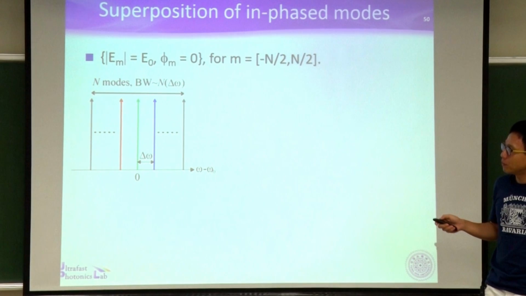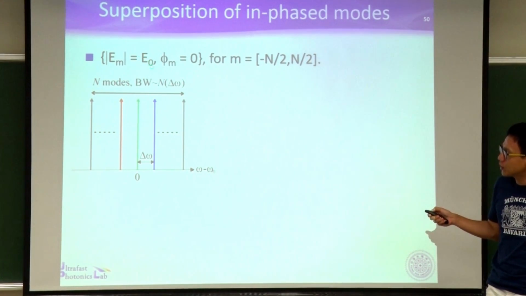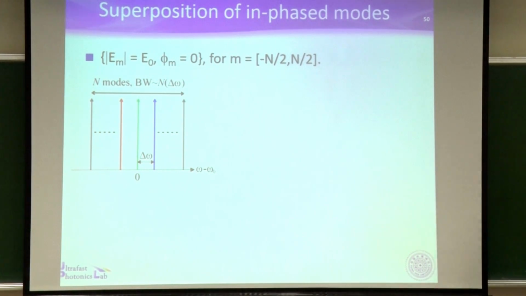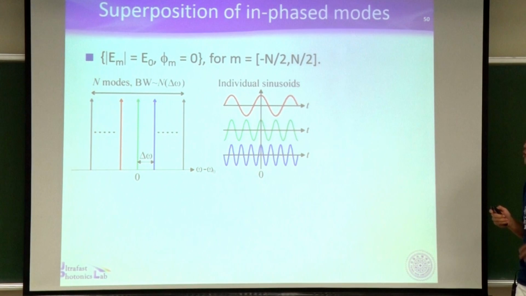Okay? But all of them share the same amplitude and the same phase. So let me show you 3 specific cases. Say we pick up the central 3 modes for illustration.